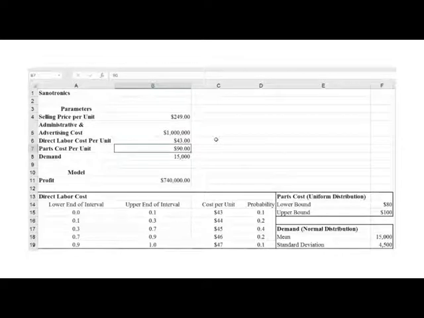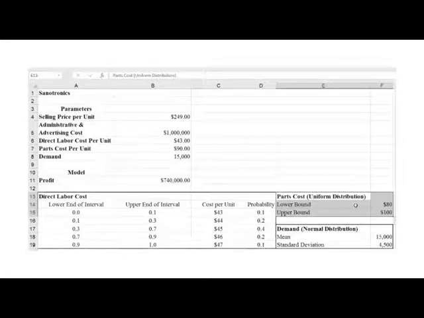In this spreadsheet, parts cost per unit is currently fixed to be $90. However, we know the value of this parameter is uncertain, and we believe that the parts cost is actually described by a uniform random variable with a lower bound of $80 and an upper bound of $100.